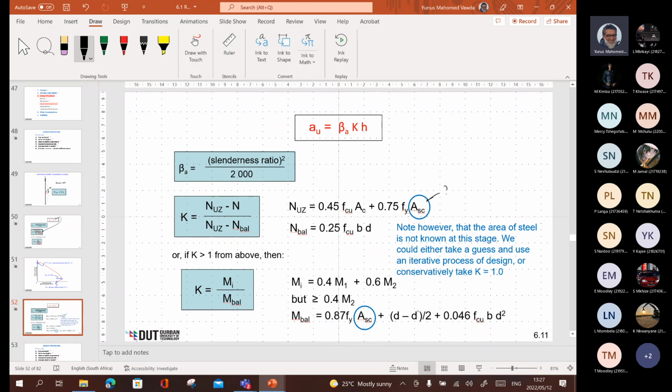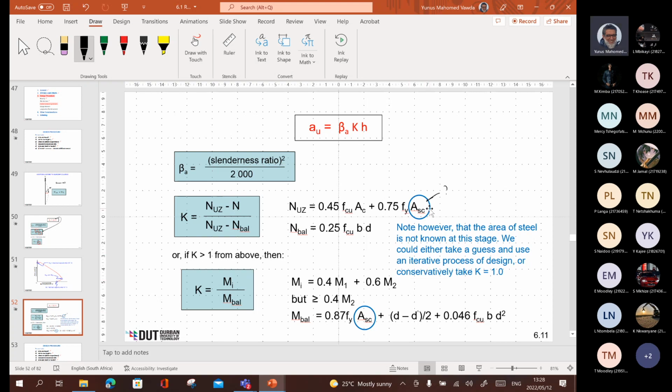This comes out of the deflection derivations and the equations shown to you on page 612, taking into consideration all those sketches on the left-hand side. We don't have the time to go through the derivation for now. M balance is 0.87 f_y A_sc, known or unknown, times (d minus d dash) over 2, plus 0.156 f_cu b d squared. So that is M balance, that's M_i, you plug in your values, and it's done.